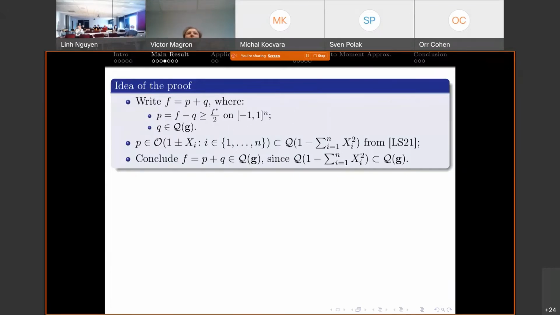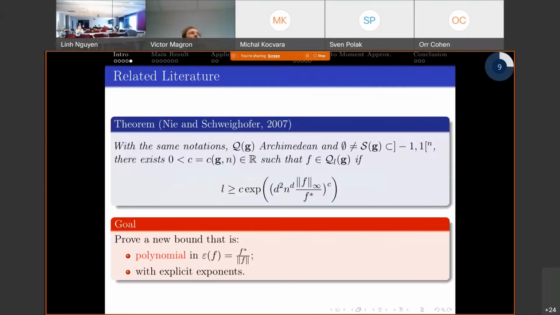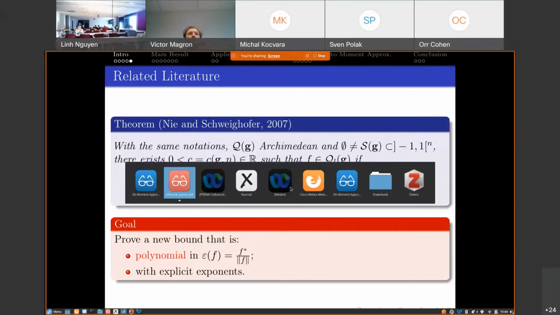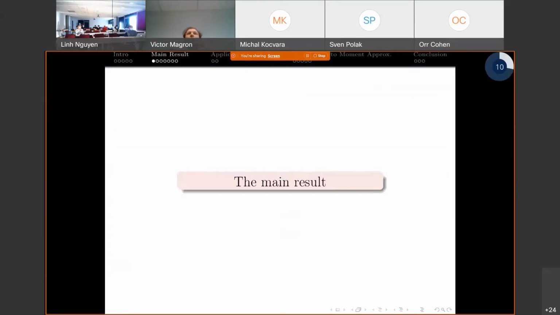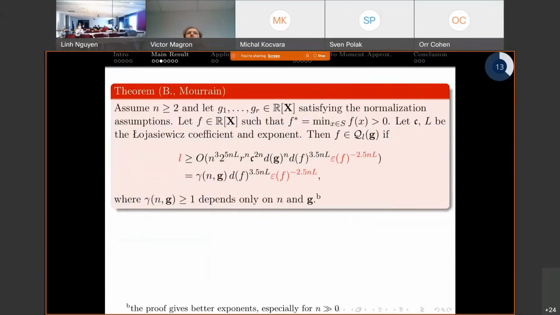Lorenzo, can I ask a question? Yes, sure. So in the Nie–Schweighofer result, it depends on the degree, exponential of n power d. Yes. So do you also improve that? Yeah, I mean, there is no exponential dependence.